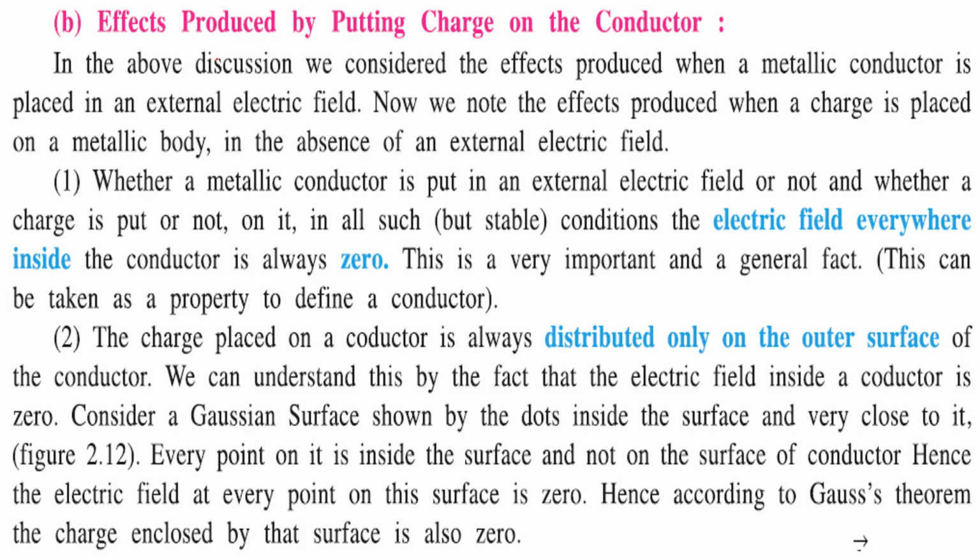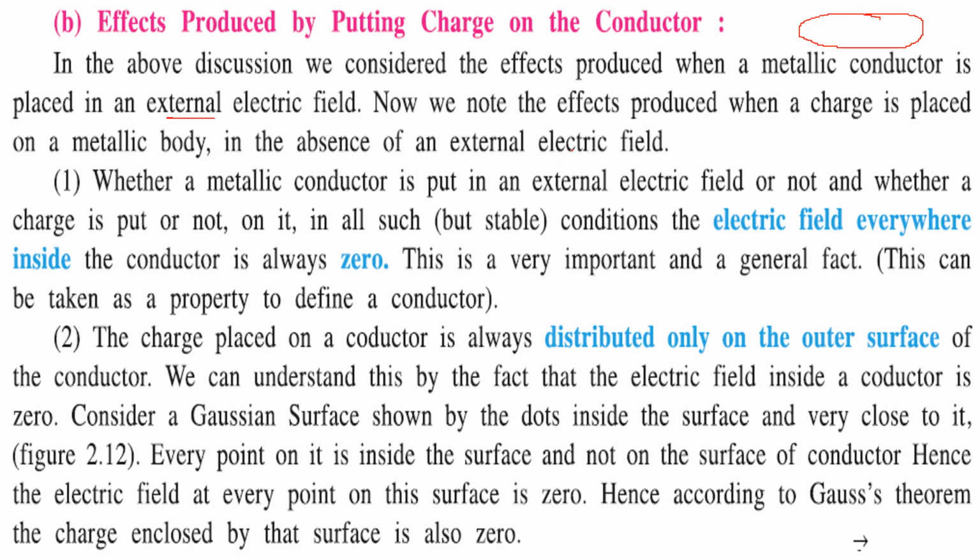What are the effects produced by putting charge on the conductor? So this is the conductor. In the previous discussion, we considered the effects produced when a metallic conductor is placed in an external electric field. Now we want to know the effects produced when a charge is placed on a metallic body. There is no external electric field.